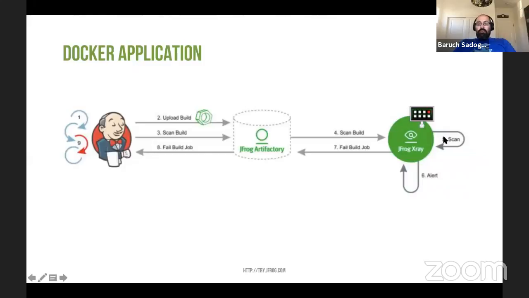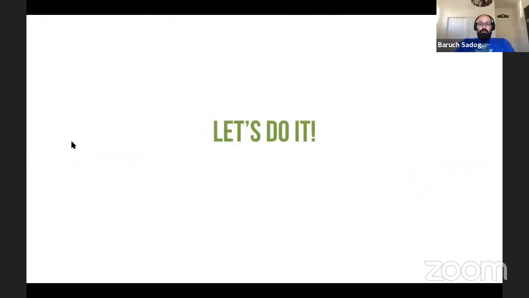The Xray scan will be performed, and then depending on the results, and of course we will see the results when we have something to talk about, it will generate a violation, and then we will ask Jenkins to fail the job. The JFrog Artifactory plugin will pass this request to Jenkins, and Jenkins will fail the job for us. So this is how the scan of a Docker application works.